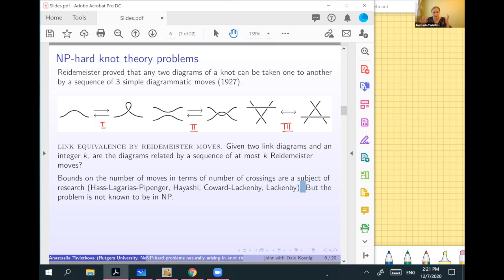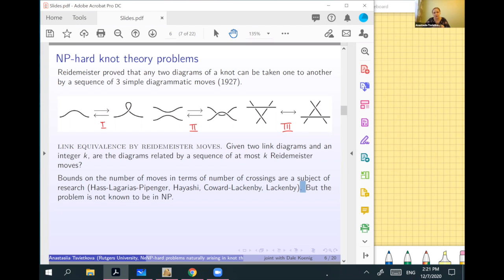What it means is that whenever you have ambient isotopy between links, you also have equivalence that is achieved by doing these moves on the plane to their projections plus planar isotopy. So ambient isotopy is pretty much the same, as he proved, as planar isotopy and these moves together in some sequence.